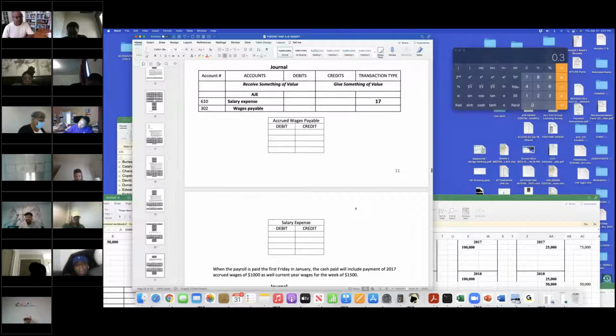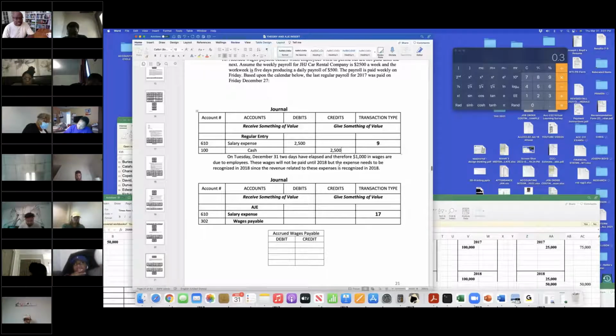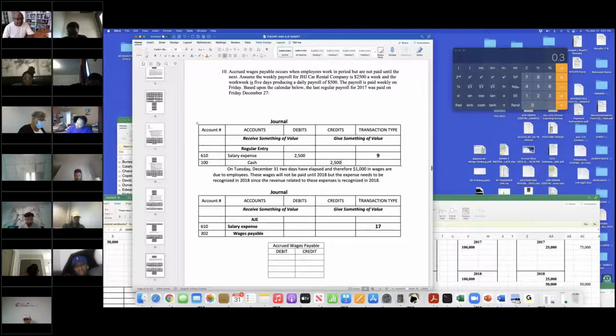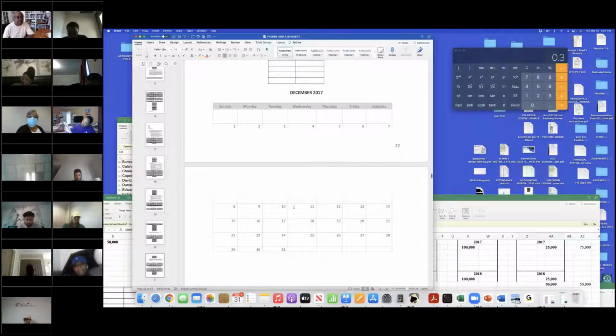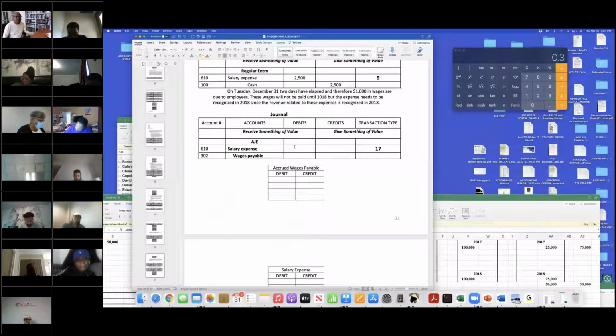And so if they're making $2,500 a week, then that means 500 per day. So for these 2 days, the 30th and the 31st, where the workers have worked but not been paid, an adjusting entry is required. And we're going to debit salary expense for 1,000. We're going to credit wages payable for 1,000.